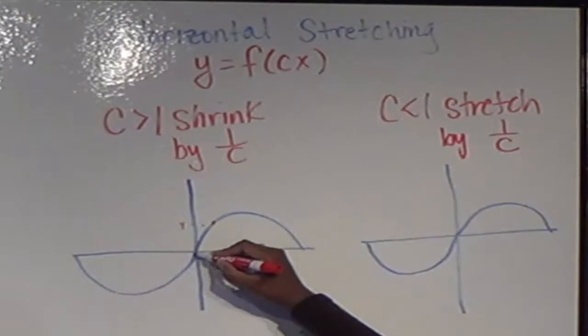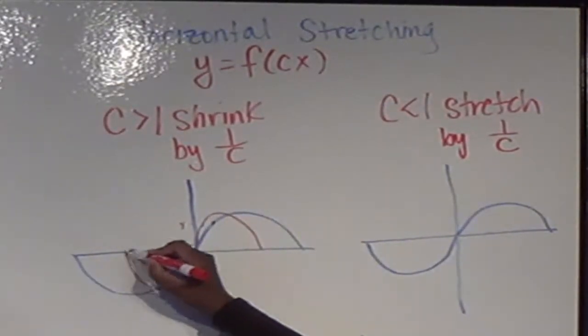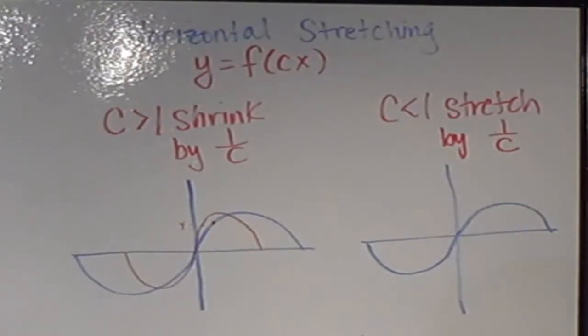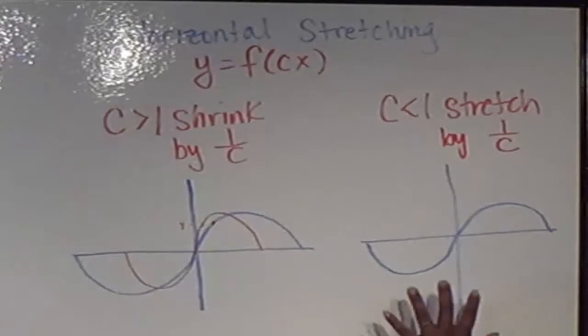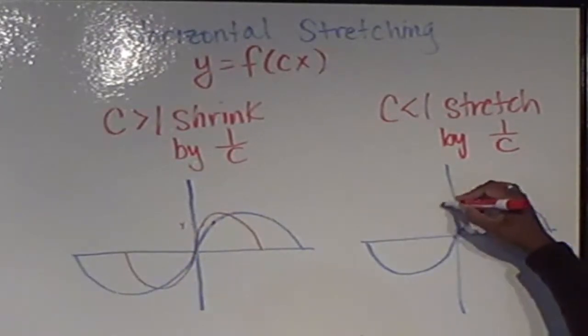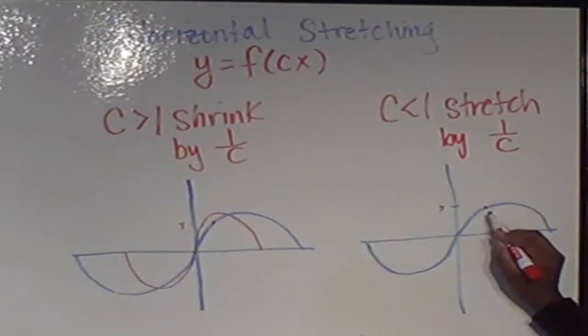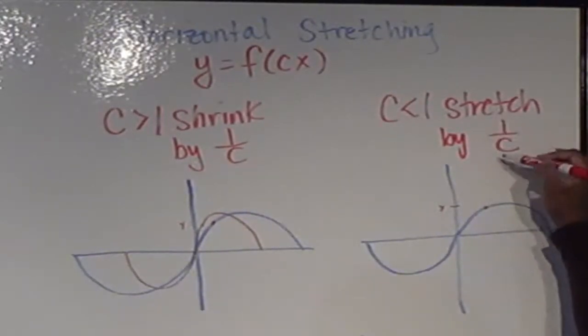And so what happens is my graph is going to look about half the size of the original. Okay, so it shrinks it. In the case of c being less than 1, what's going to happen there is, again, if I pick the y value and I go to that corresponding x, wherever that x is, I'm going to stretch it by 1 over c.